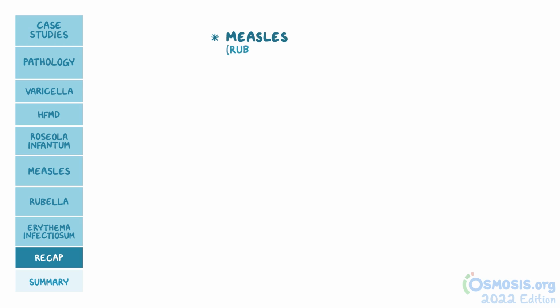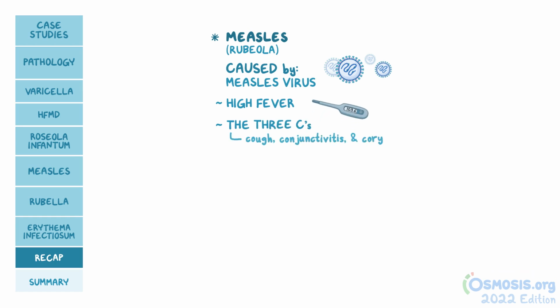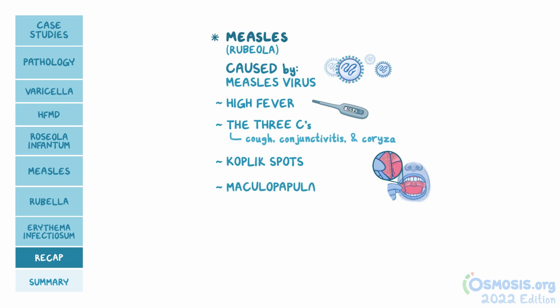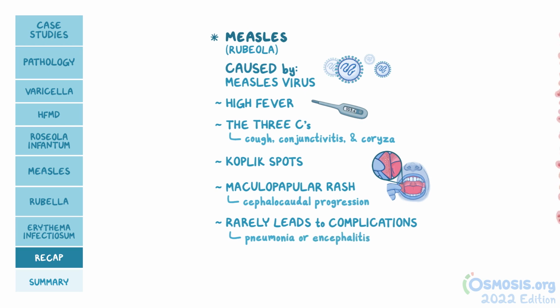Measles, or rubeola, is caused by the measles virus, which leads to a prodromal period with a high fever and the 3 C's: cough, conjunctivitis, and coryza, as well as Koplik spots. This is followed by a maculopapular rash that spreads in a cephalocaudal progression and may rarely lead to complications like pneumonia or encephalitis.